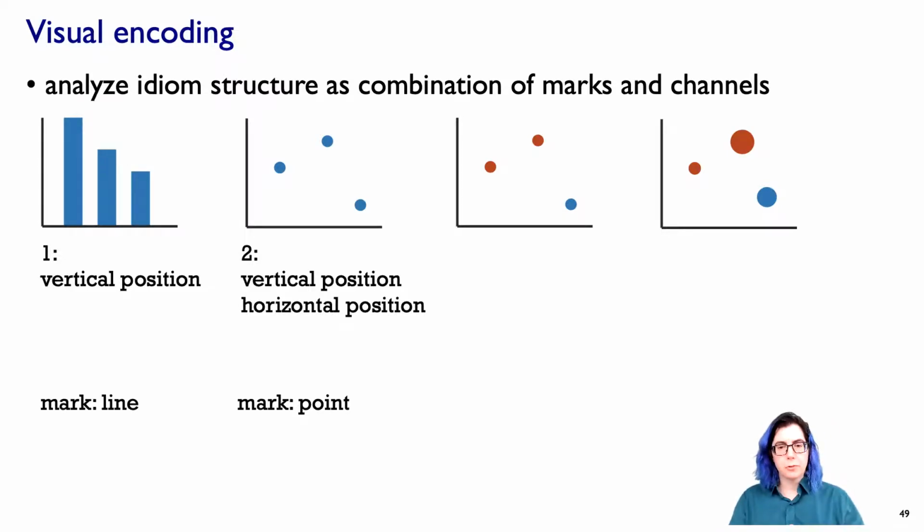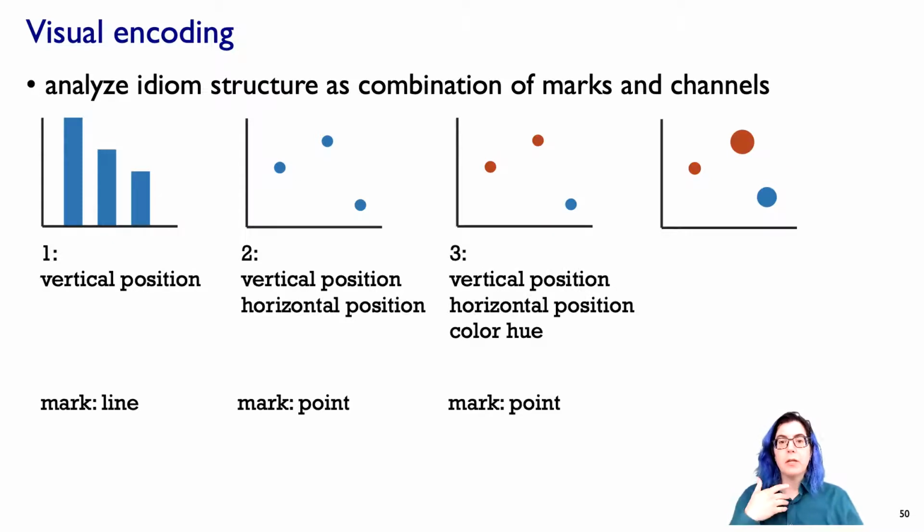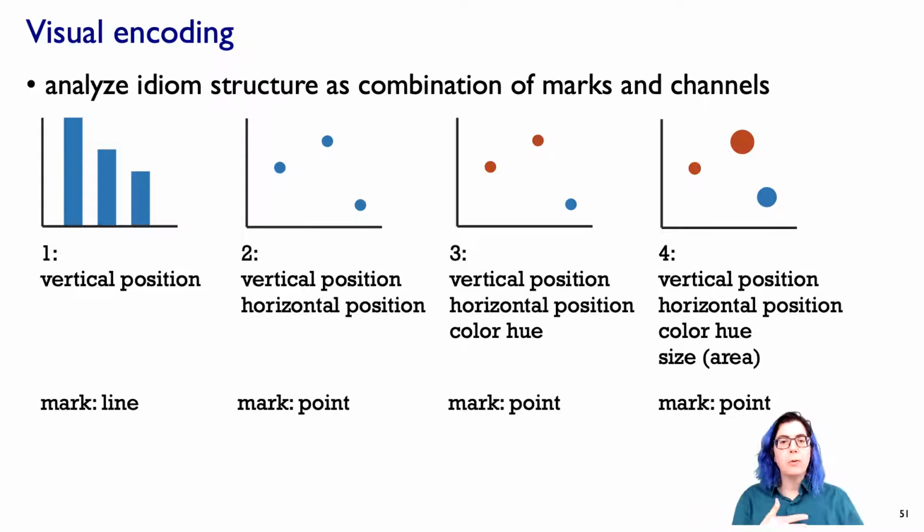So we switch to points. We can keep going. We can add more information by using another visual channel, in this case, color, to convey information about a third attribute. And again, we can keep going. We can use size to convey more information about a fourth attribute. So we're encoding four different things in this last bubble plot where we've got size and color in addition to horizontal and vertical spatial position.